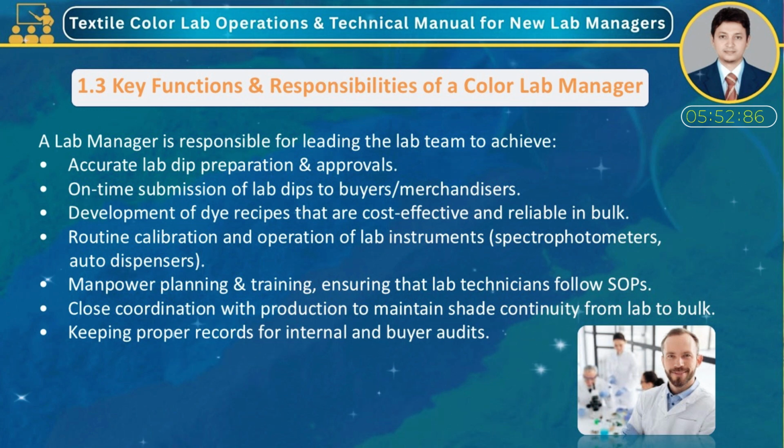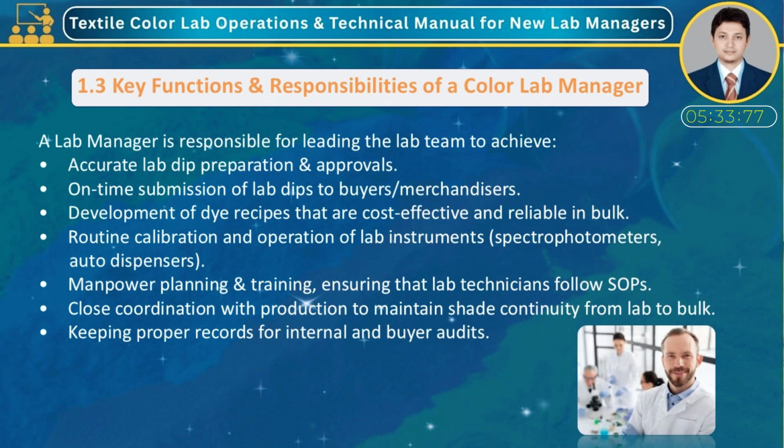reproducible in bulk production. In addition, they are responsible for the routine calibration, proper operation, and maintenance of lab instruments such as spectrophotometers and auto-dispensers to ensure accuracy and consistency. Another key responsibility is manpower planning and training.